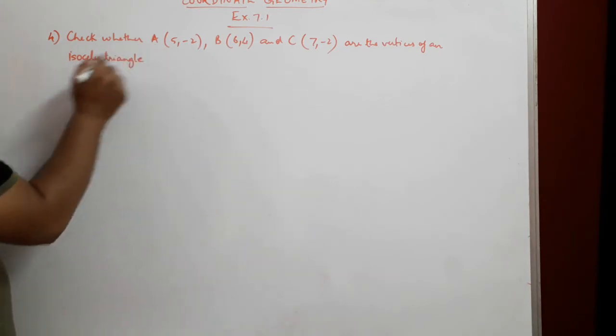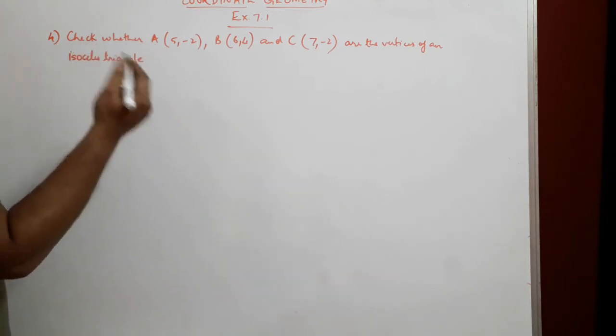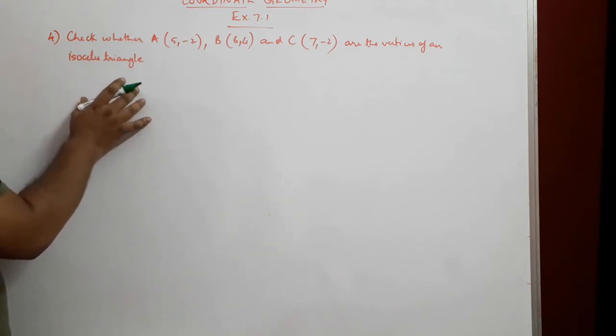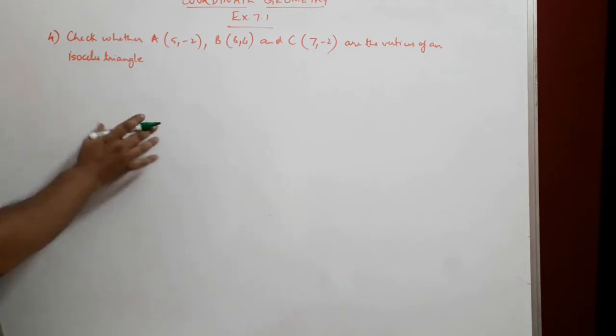Okay, so let's begin first by finding out the distances between the three pair of points. First we'll just write down what is x1, x2, x3 and y1, y2 and y3. That will help us to use in the distance formula.